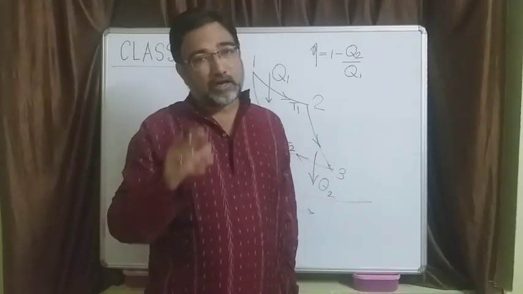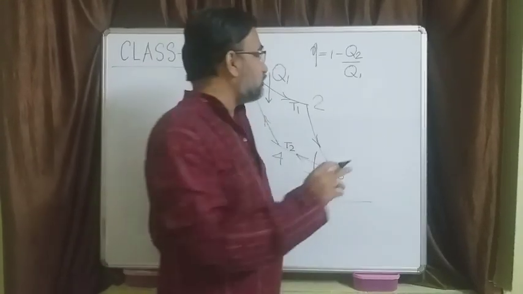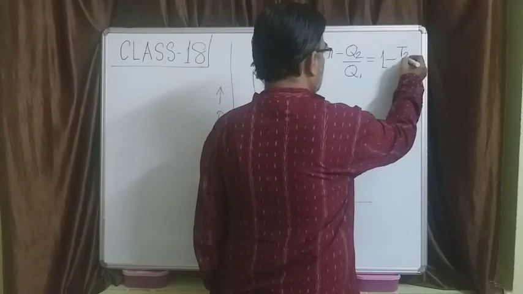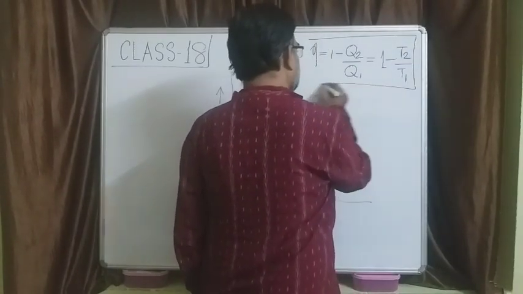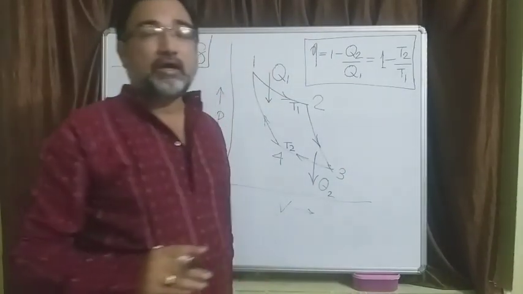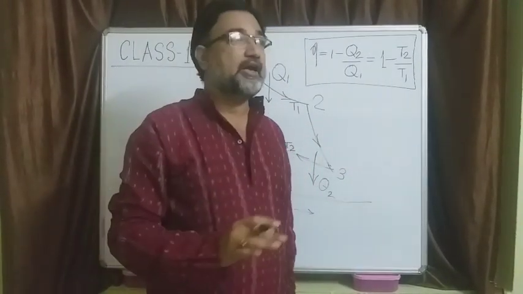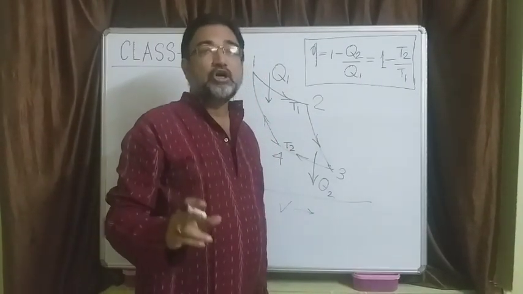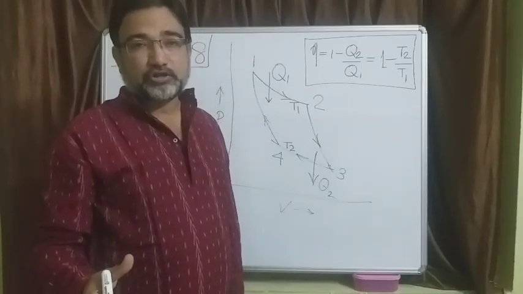But for Carnot engine or for Carnot cycle, that day we derived that this 1 minus Q2 by Q1 is equal to 1 minus T2 by T1, where T2 is the sink temperature or it is the temperature at which heat is rejected, and T1 is the source temperature or the temperature at which heat is supplied to the engine.